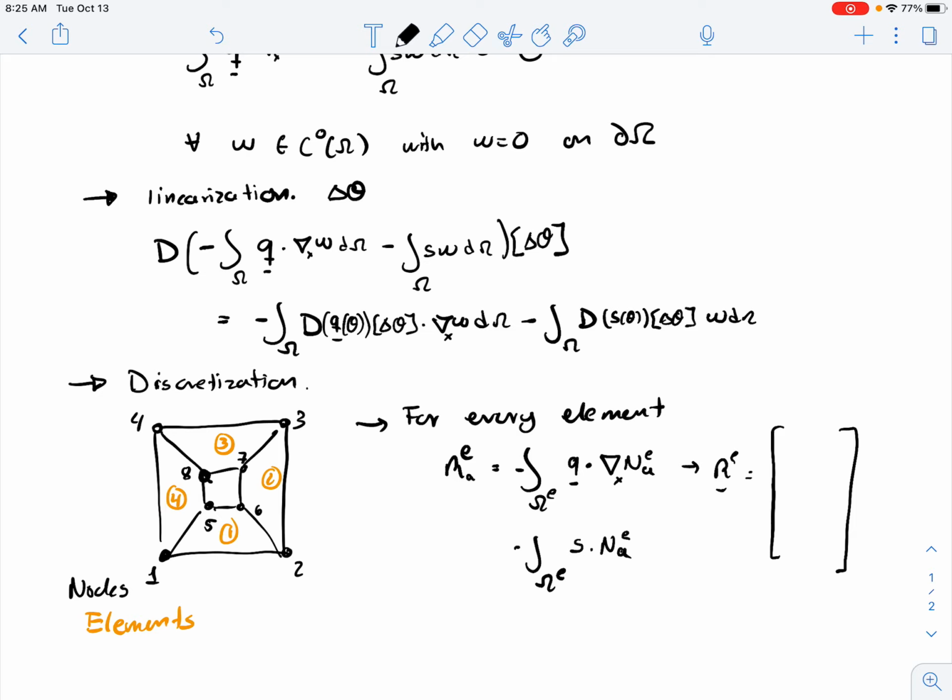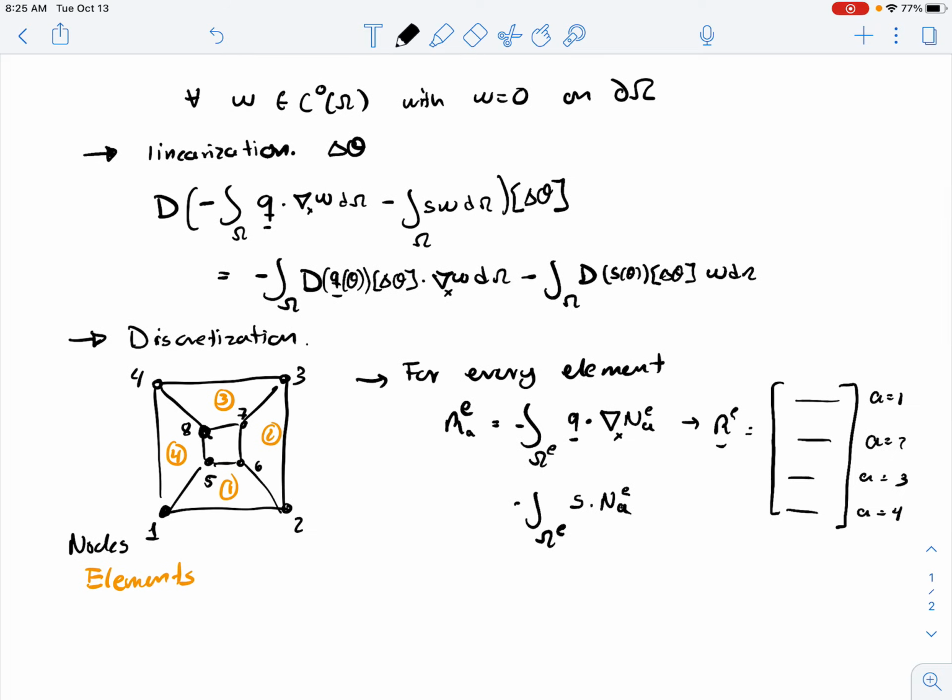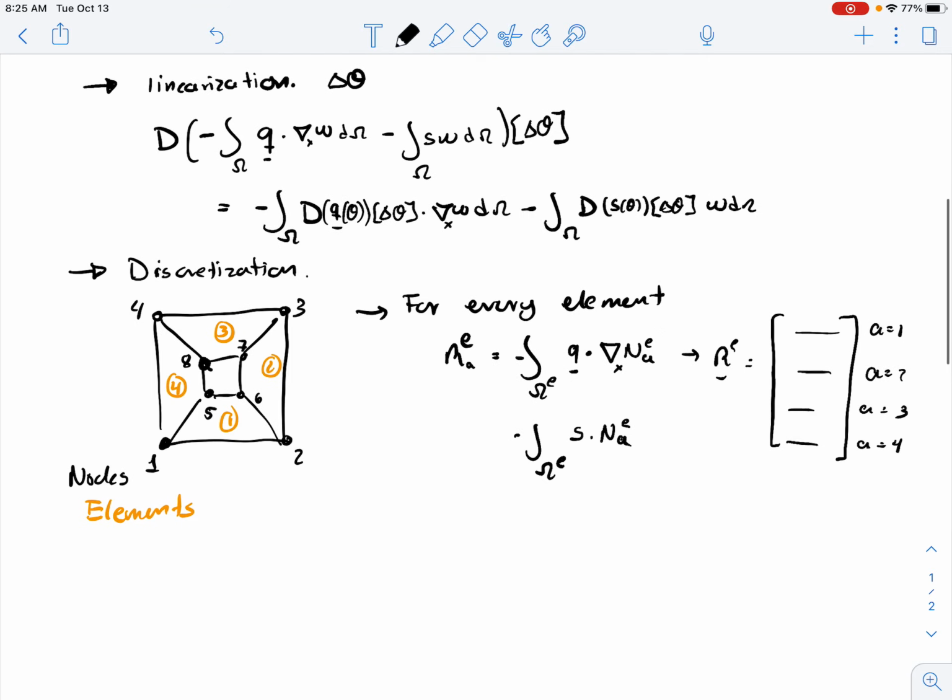So that gives you, for every value of a, for a equals 1, the gradient of shape function 1 and shape function 1. If you calculate the integrals, that goes into here, and then a equals 2 is the second entry, a equals 3, and a equals 4. So that's how you get this 4x1 vector.